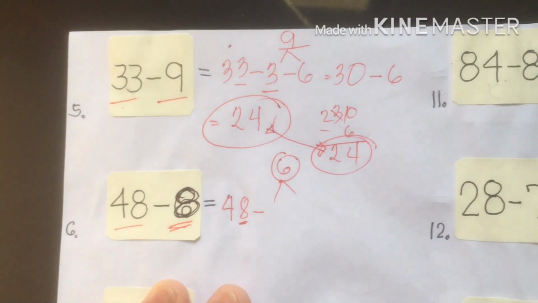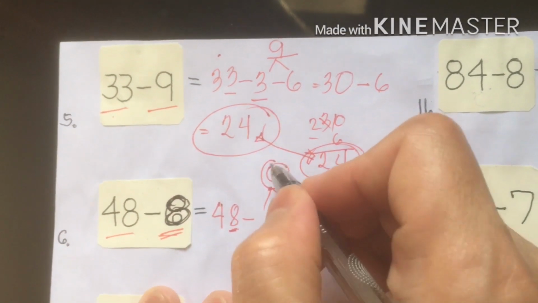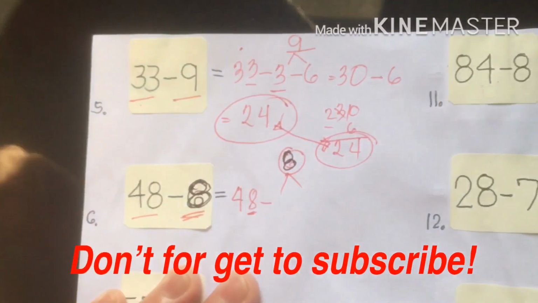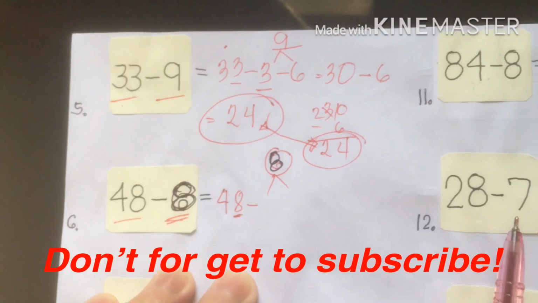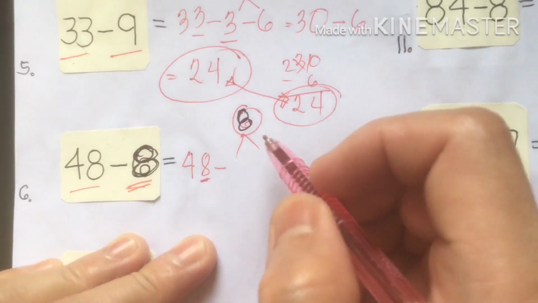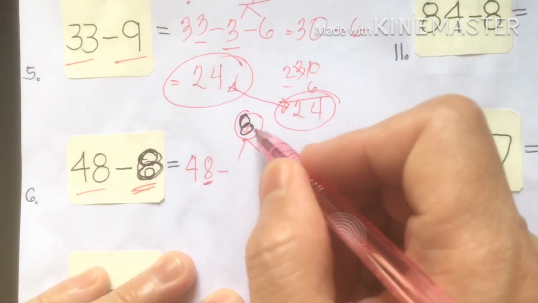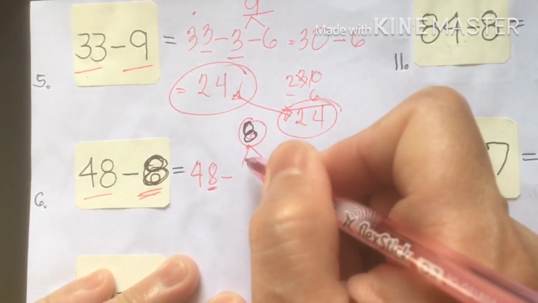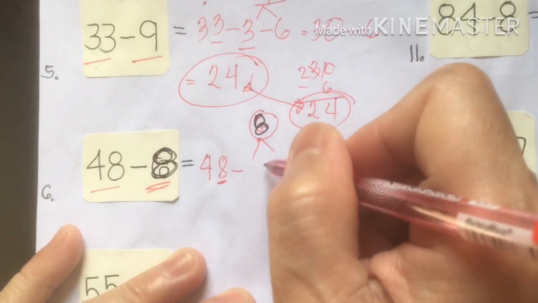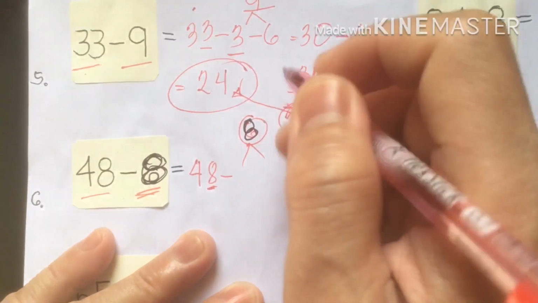It should be 8. Actually, this is what we call a common error. So we're going to write it again. We're going to break it. Okay, so we have 8. So 48 minus 8, guys, so we can break the number 6.